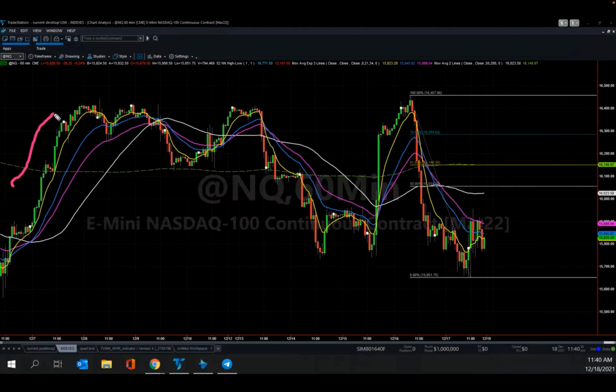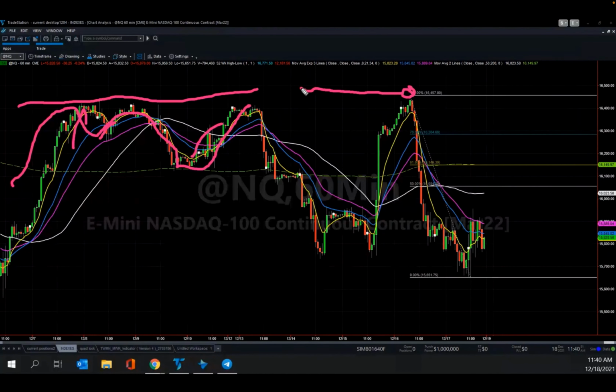Previous highs that failed. There's something here that this is banging its head against that can't break free. Now it did break free here, right? This is the high. It broke all those levels. So now this is the level of retest.